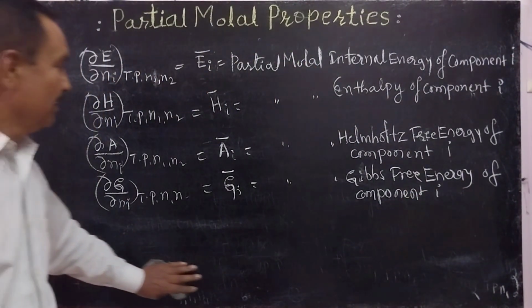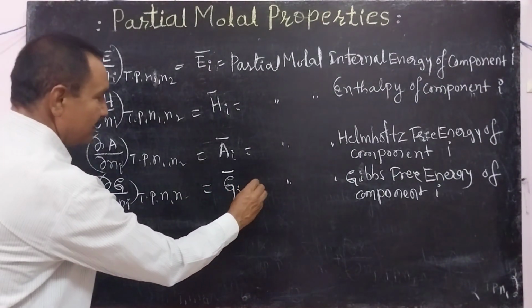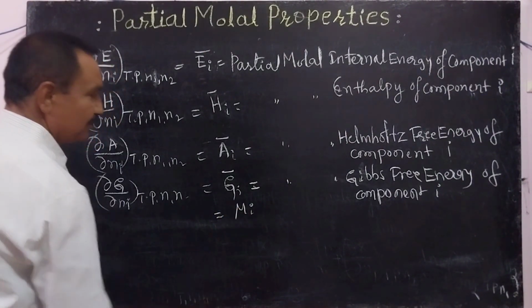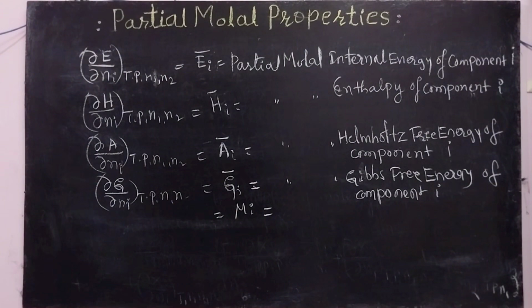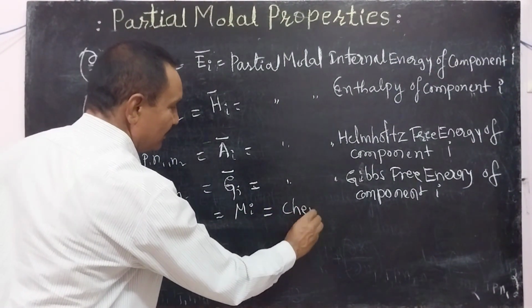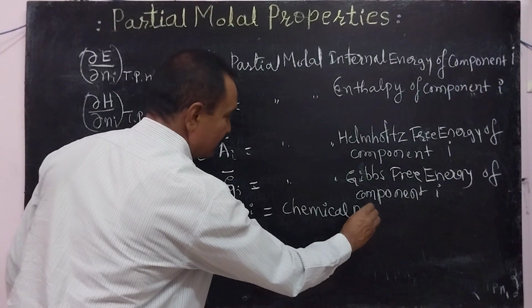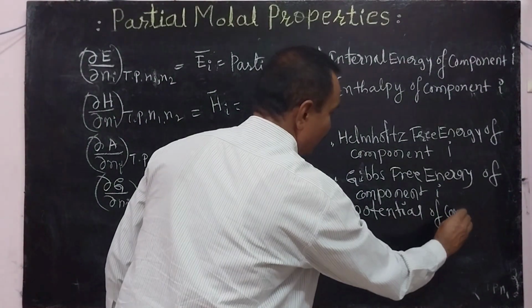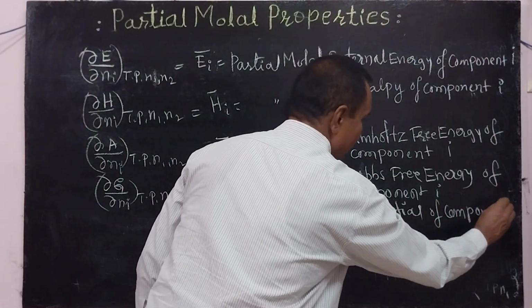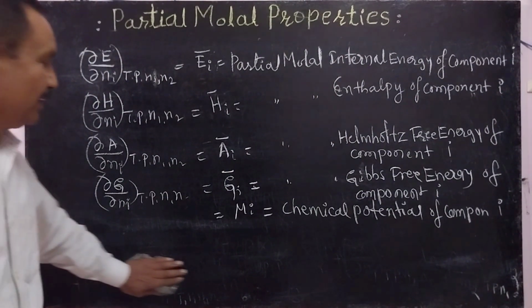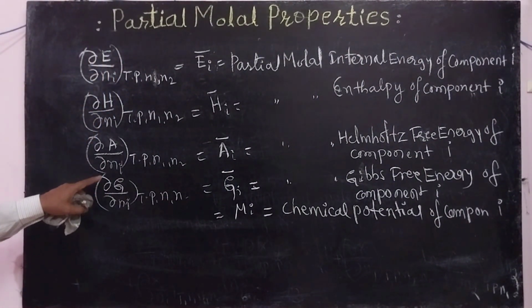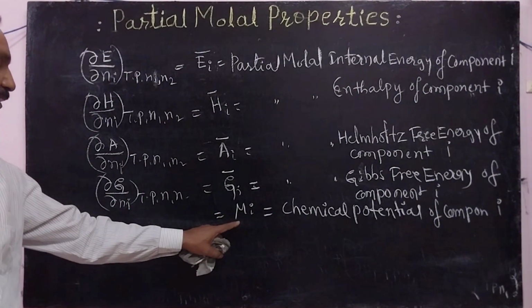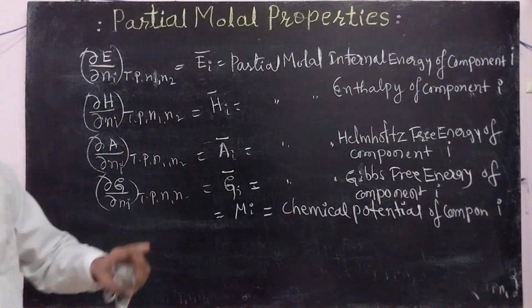Here it is represented with a special symbol, mu i, and it is also called the chemical potential of component i. In the partial molar free energy change, we use the symbol mu i, which is also called the chemical potential.